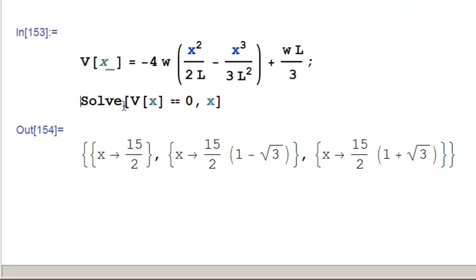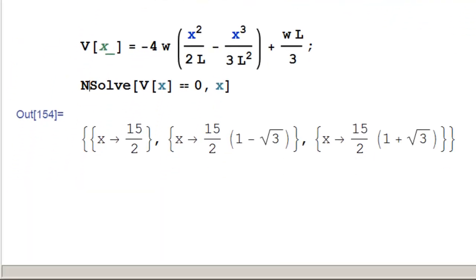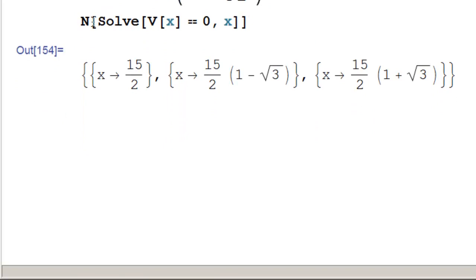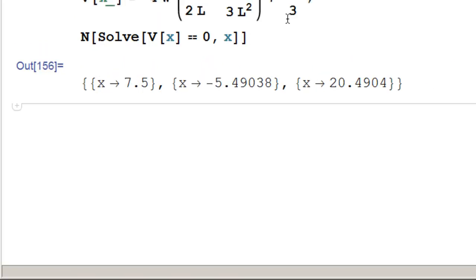Okay, and I want numerical values, and I'm sorry guys, I tend to jump around and use symbols, but I've been using Mathematica for a while. I'm not that expert in it, but bear with me. N is to change the fractions into just numerical values. Okay, so we have three values here.